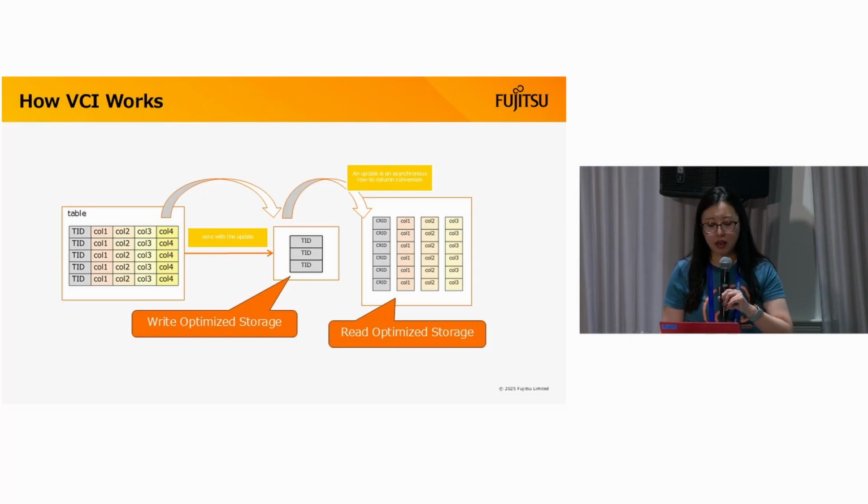Just because ROS is created does not mean that it drops the original row format table. Run a query like create index, VC index, using VCI, price, date on the purchase history table, as shown in this example.